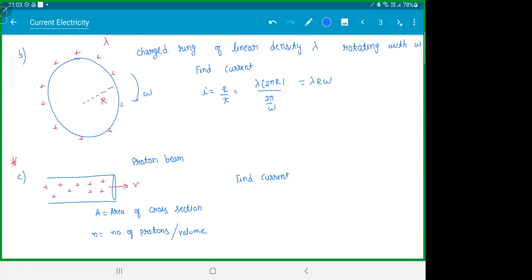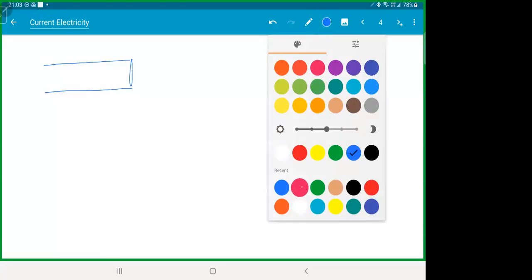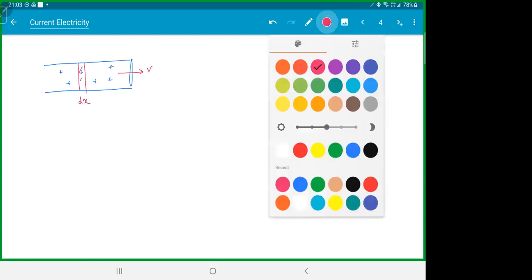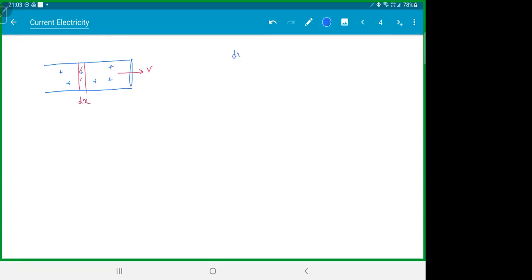Show you. See. So we have a proton beam going with v, and you have charged particles everywhere. Consider a small cross section. So what is the small volume? A into dx.